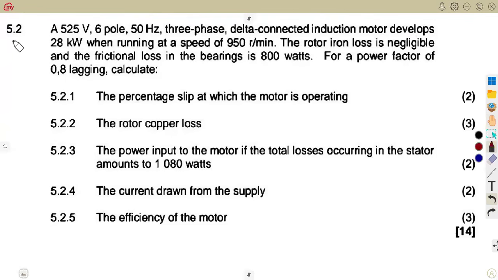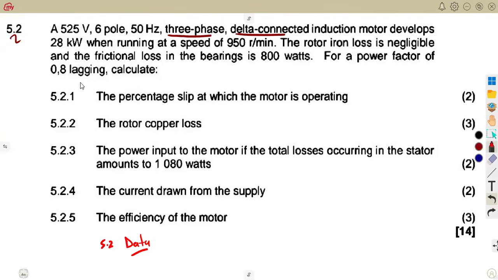And considering 5.2, a 525 volt, 6-pole, 50 hertz, 3-phase delta connected induction motor. All right, let's try to figure out this information that we are given here on 5.2. A 525, what does it mean?